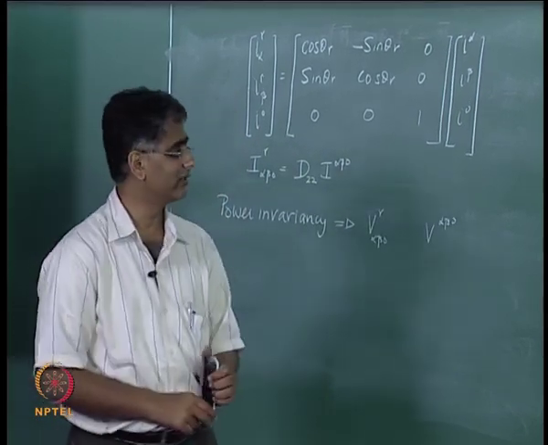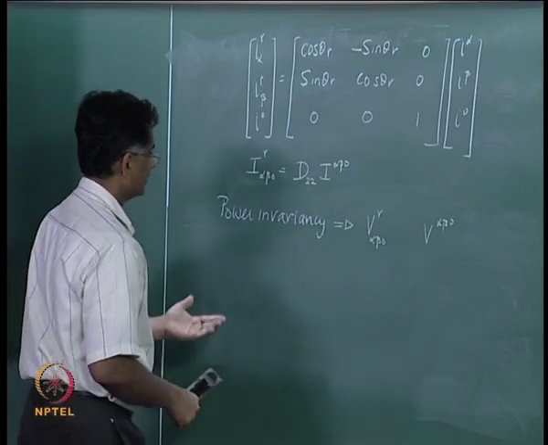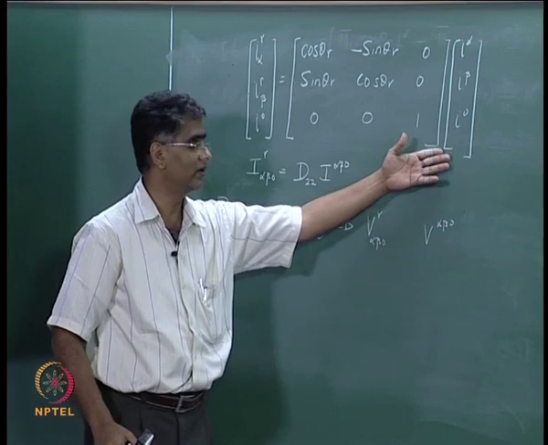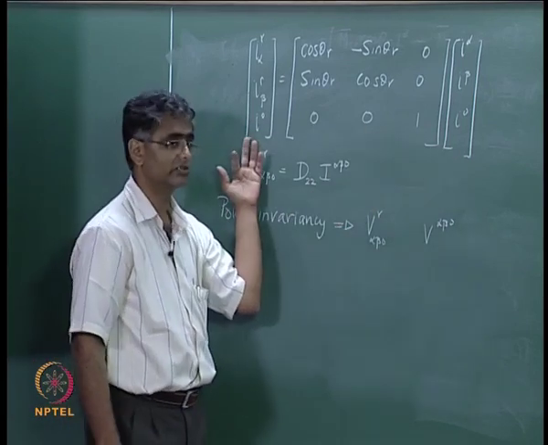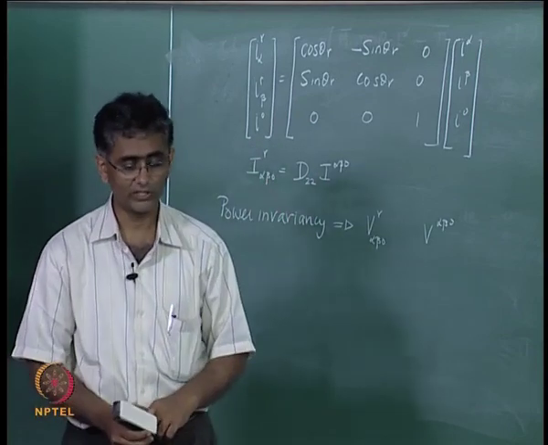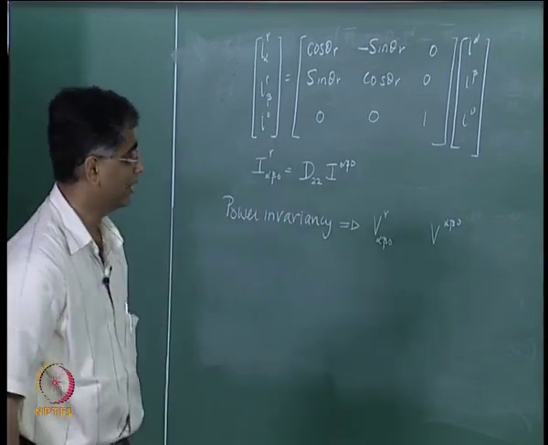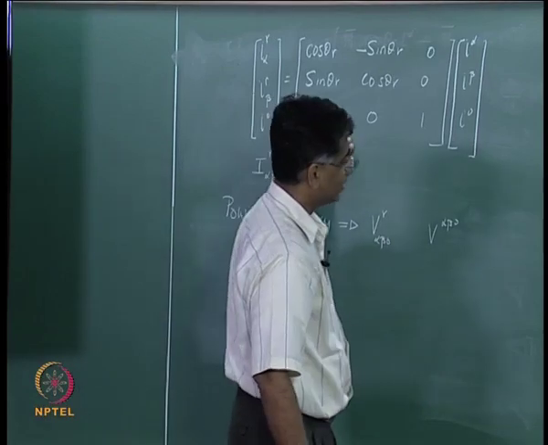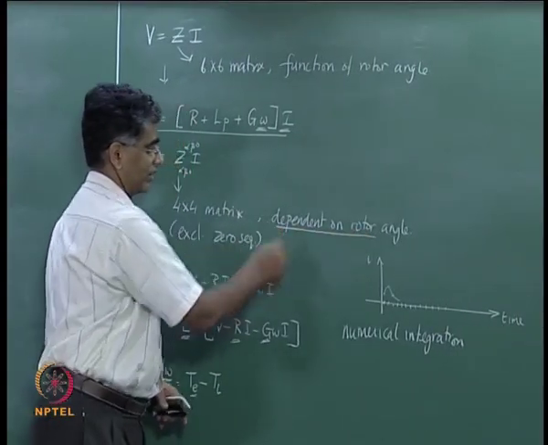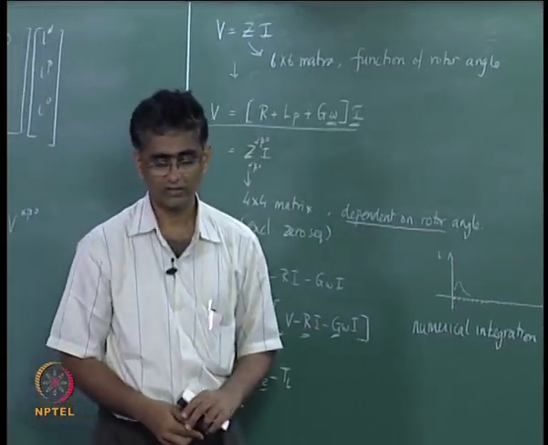We will look at that in the next lecture and then see the implication of going from a rotating reference frame to a pseudo stationary reference frame. How does this affect the machine equations, and whether this will have any implication on the dependency of rotor angle. We will see that in the next lecture.